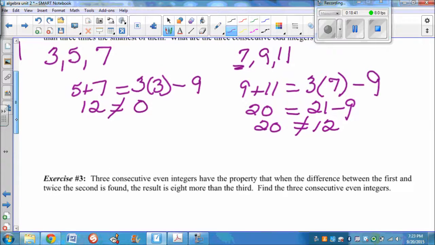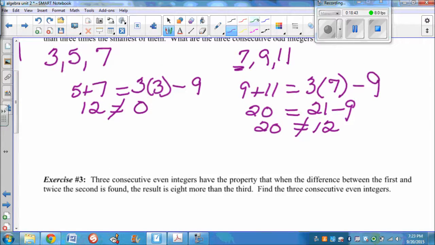What are the consecutive integers? So, our let statement. Let x equal the first one. Now, be careful. What's going to be the next odd integer? Odd integers are how far apart? This is 3.